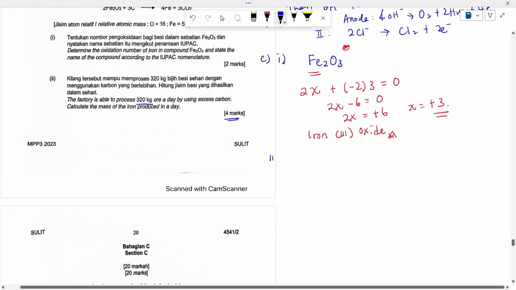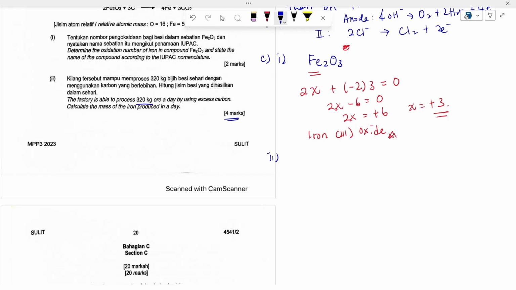First we can calculate the number of moles. 320 kilogram equals 320,000 gram.